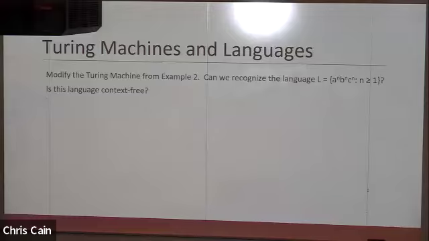We proved that this language was not context-free using the context-free pumping lemma. But how could we extend the prior program to now, instead of pairing A's and B's, match A's to B's and C's at the same time? You don't necessarily have to write the program for this, but can we see how we could do that?